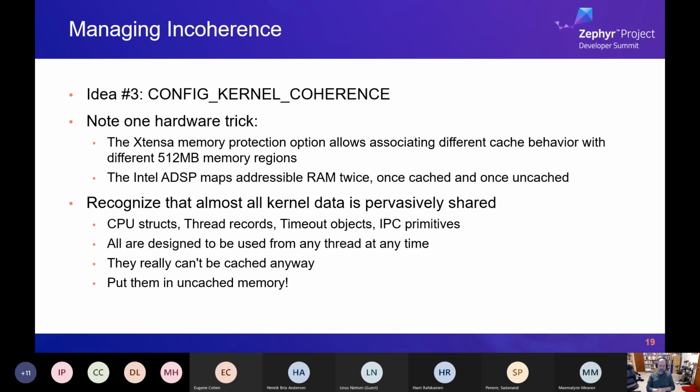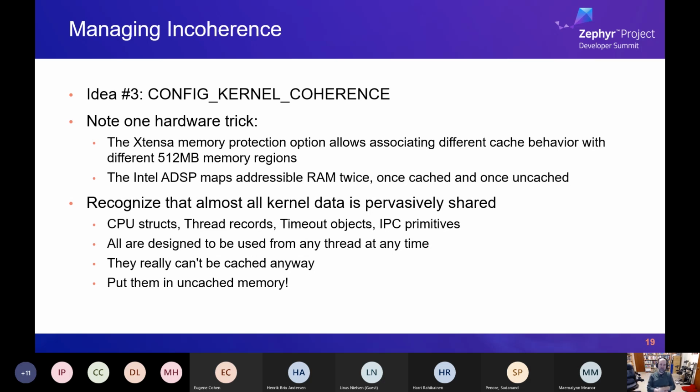And so the second trick is to recognize that almost everything the kernel stores, all the kernel data, is kind of always shared. There's really very little to gain by caching it, right? Like the CPU structs are all stuff that is shared between different systems. Thread records have priority values that need to be inspected from other CPUs. They've got linked list pointers that need to be enumerated. All of that stuff.